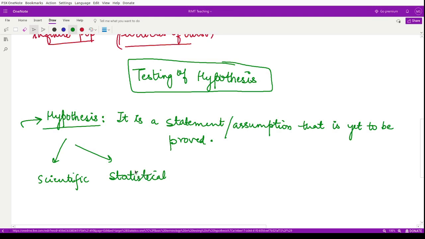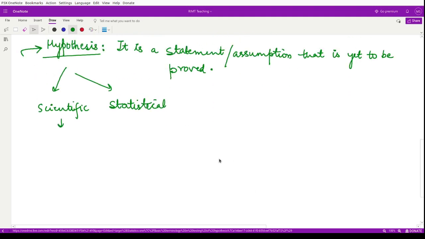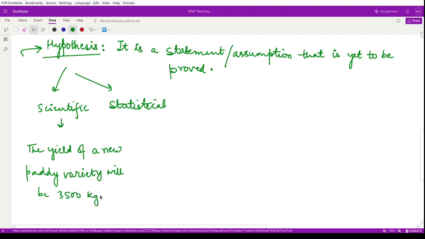For example, the yield of a new paddy variety will be 3500 kg per hectare.